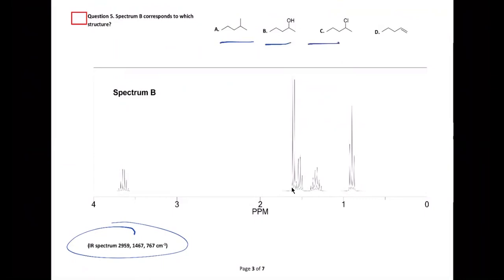If it's this one, there's no way you're going to have a chemical shift that's as far downfield as 3.5. There's no electronegative atoms in that structure to make any of those protons that deshielded.